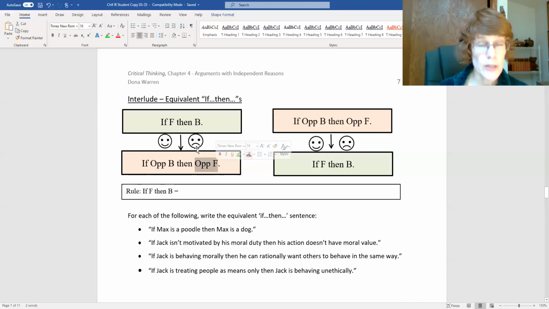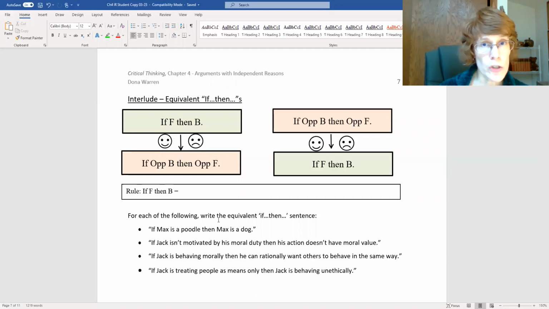So in this case, we want to assume this reason, add to it the front part of the conditional that is the conclusion, and decide if the back part of the conditional that is the conclusion follows. So I'll give you a moment to think about that. Pause the video, think, and come back when you're ready.